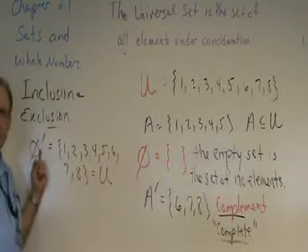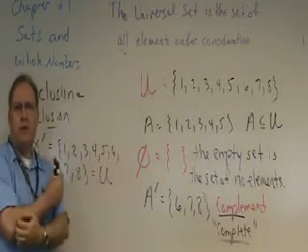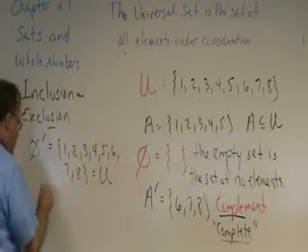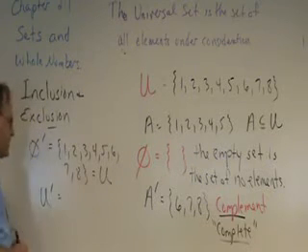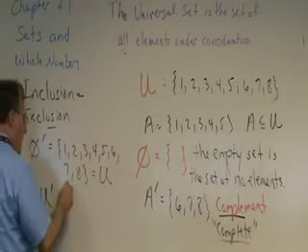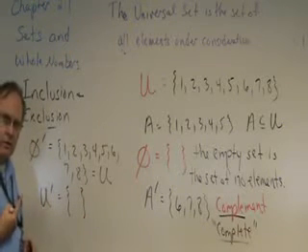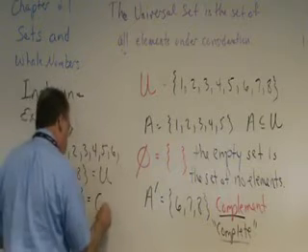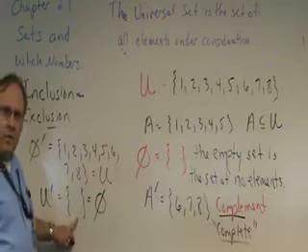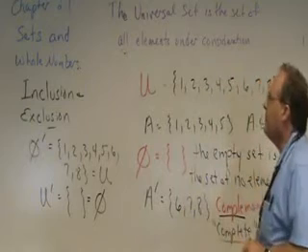The only thing that can complete the empty set is everything. And that's the universal set. On the other hand, what elements are needed to complete the universal set? Well, I don't need anything to complete the universal set. So what completes the universal set is the set of no elements, and that is our empty set.